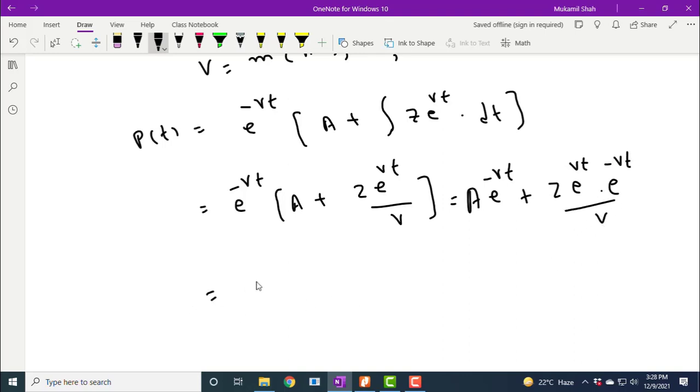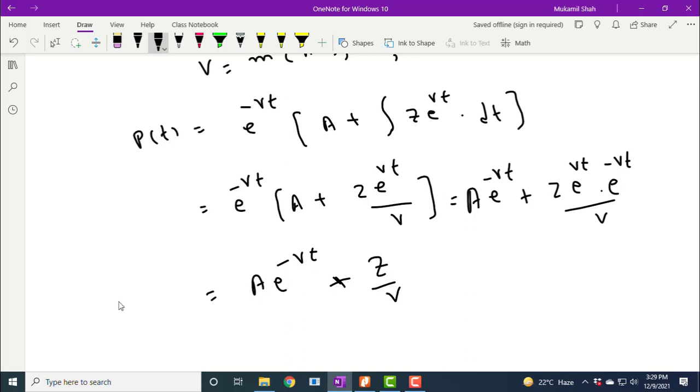Clearly this is equal to a e raised to power minus vt plus z over v, because if we take the exponent and add the power, it will be e to the power 0, and anything raised to the power 0 is always equal to 1. So we are left with a e raised to the power minus vt plus z divided by v.